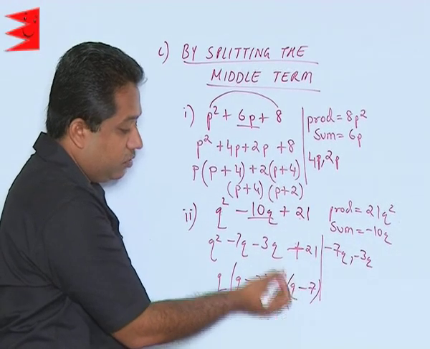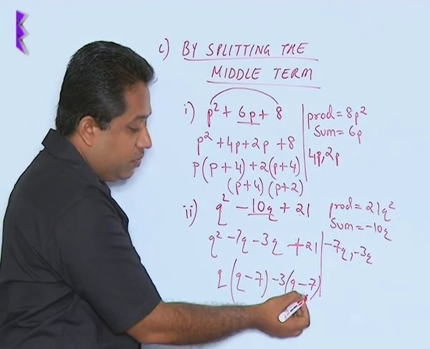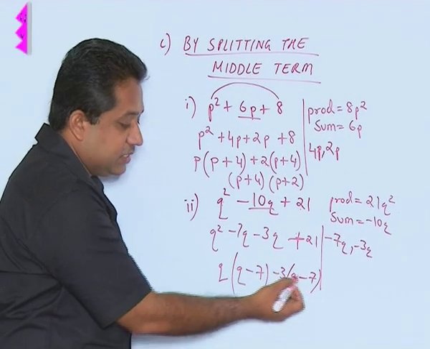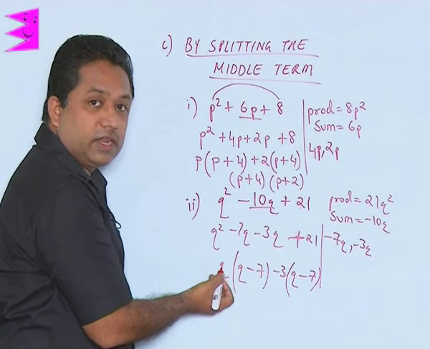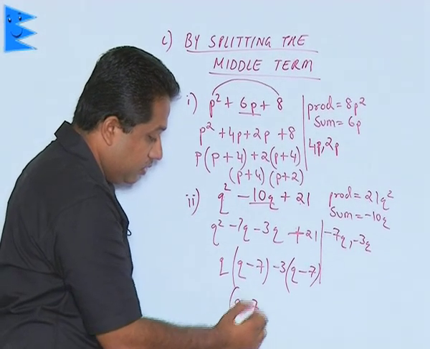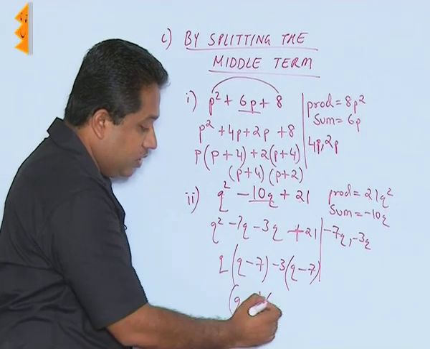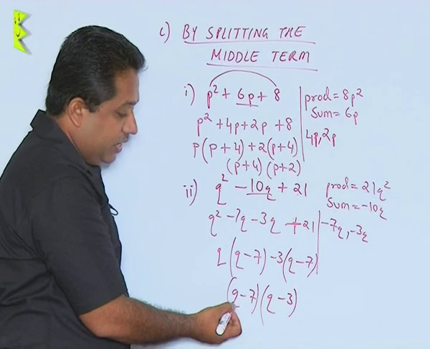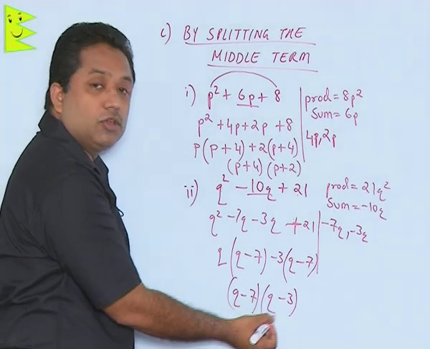So, minus 3 into q is minus 3q, minus 3 into minus 7 is plus 21. Now, we see the brackets are same, that means our splitting is correct. So, take q minus 7 common, then we are left with q here and minus 3 here. So, final answer we will get q minus 7 and q minus 3.